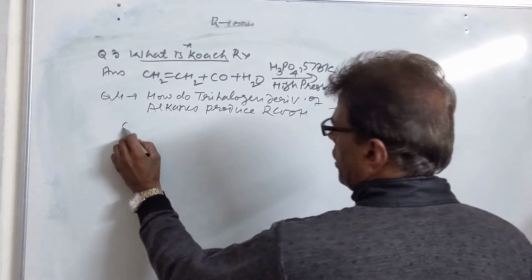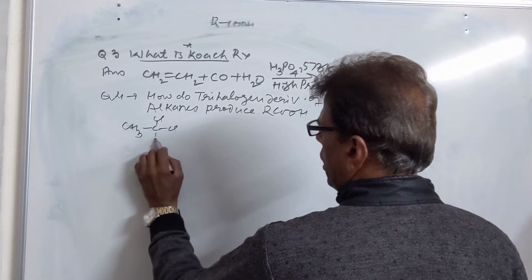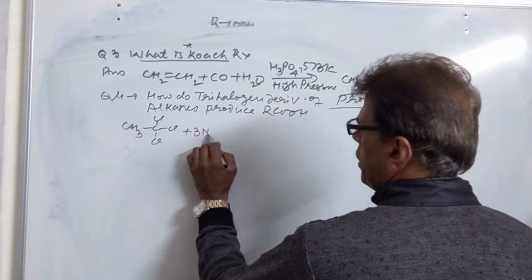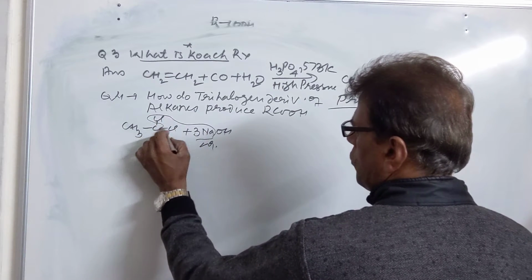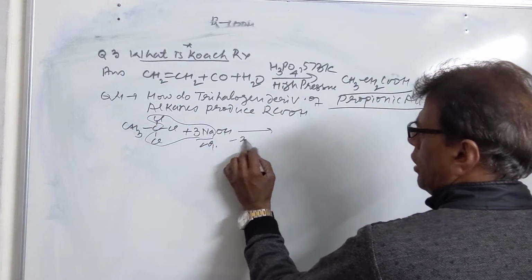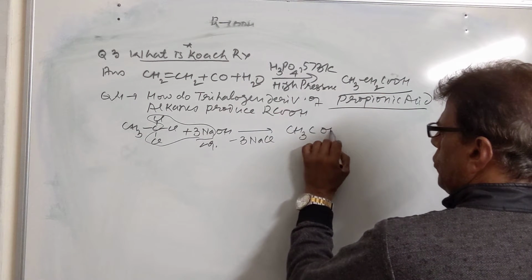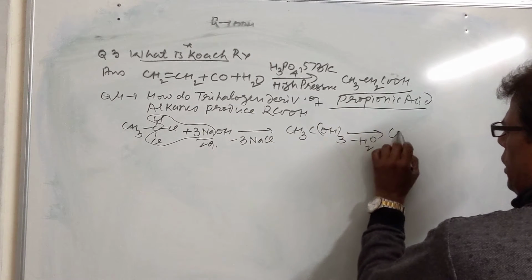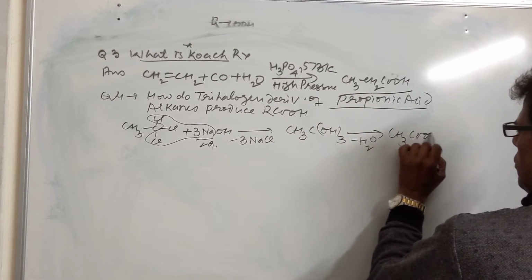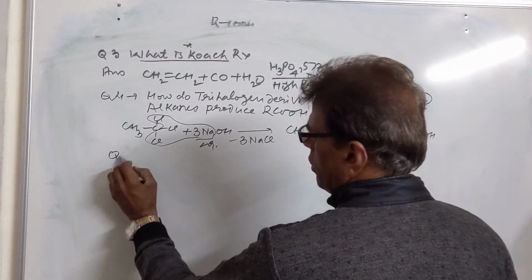So trihalogen derivatives, if they are having halogens on the same carbon, they are treated with aqueous alkali. When this alkali removes 3NaCl, product will be CH3C(OH)3. Since OH group cannot remain on the same carbon, we get carboxylic acid by this method. This was our fourth method.